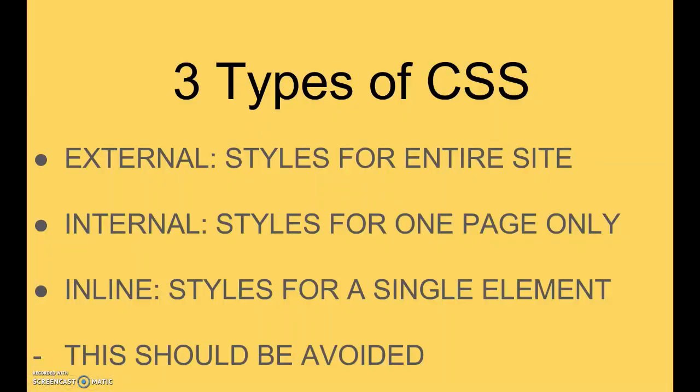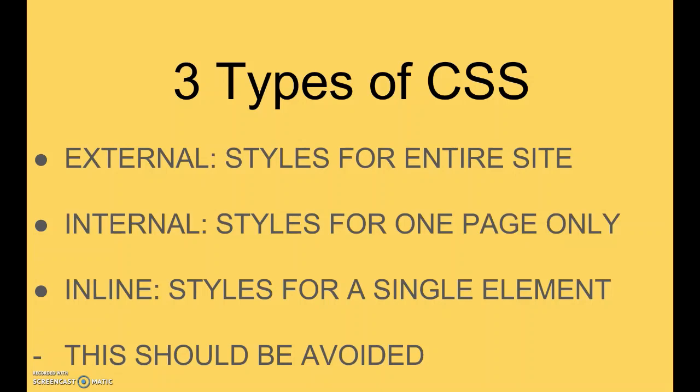Okay, so again, earlier I said that there's three types of CSS. There's the external, which basically is the style sheet. The style sheet allows you to add CSS styles for the entire site. There's also internal CSS, which allows you to format for a single page.